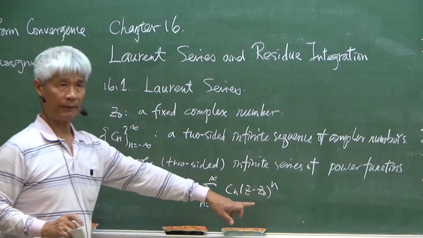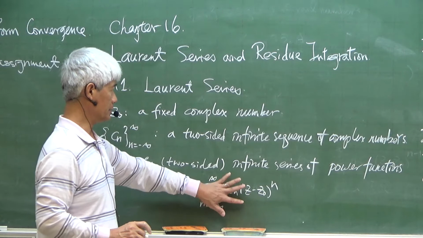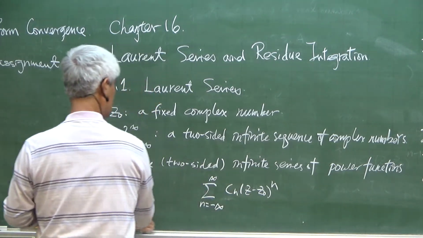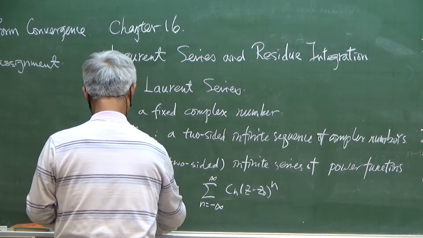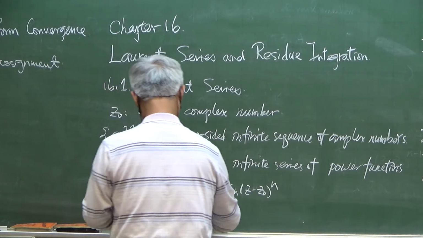So now n can be negative. Okay? So it's a two-sided infinite series of powers, and such a series is called a Laurent series.